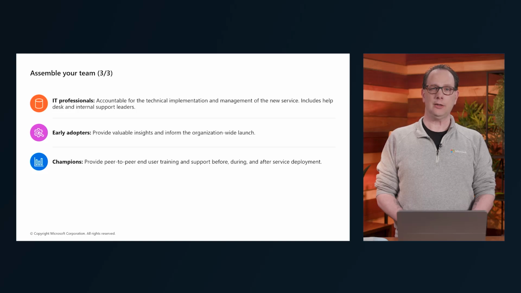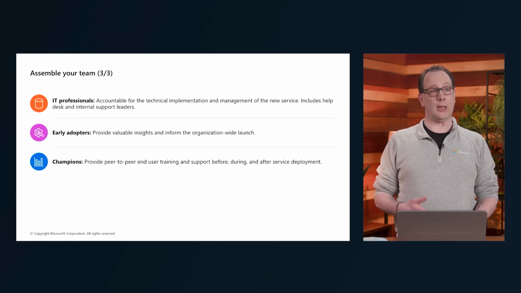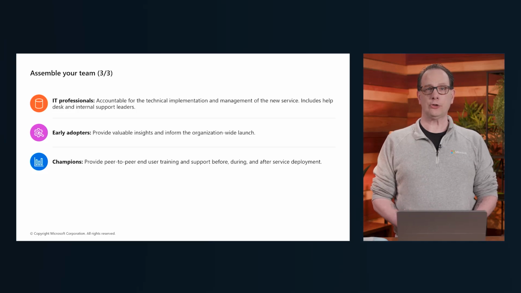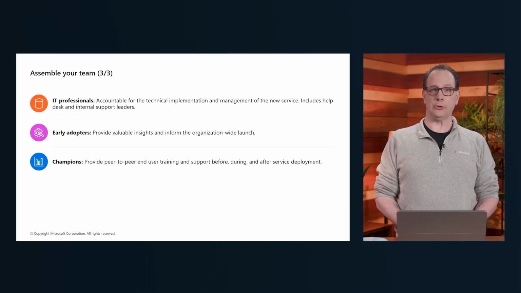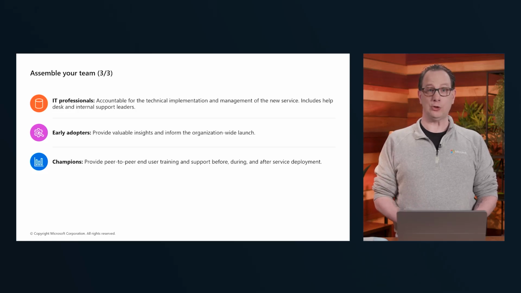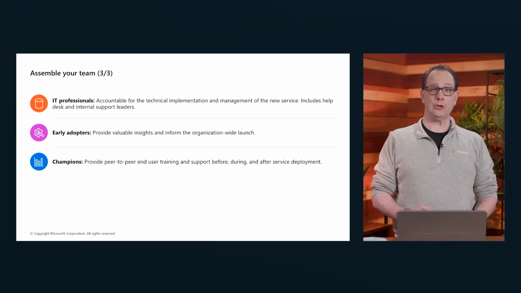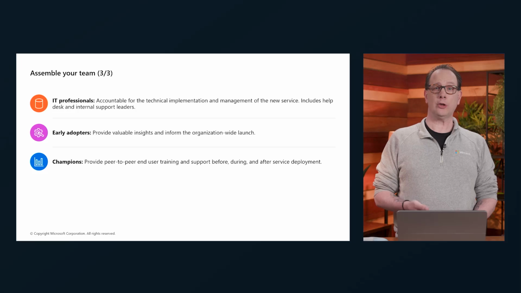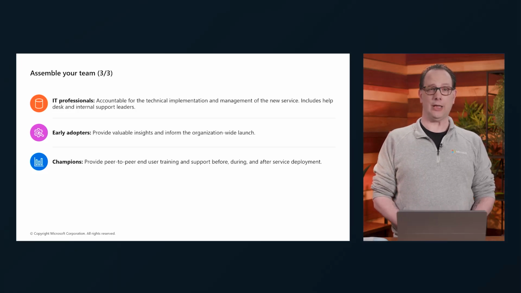And then obviously, the early adopters and Copilot champions are part of this game as well. The early adopters will help you discover potential issues in the first wave of adoption, but they should also be the most enthusiastic members of the team. So don't just pull in the most enthusiastic folks, as it will also be advised to bring in some of the more hesitant users or the ones who are initially against change.